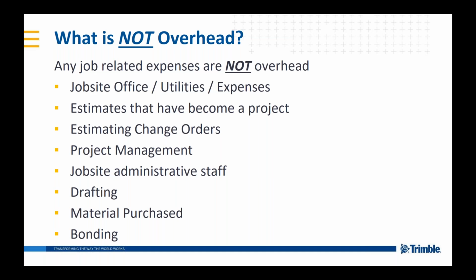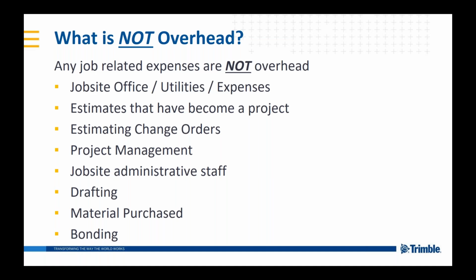This will help keep that overhead number in check. So if you're very aggressive on moving job costs from overhead over to the jobs, that'll help that overhead number be lower. But of course, you've also got to account for those job costs in your estimate then.